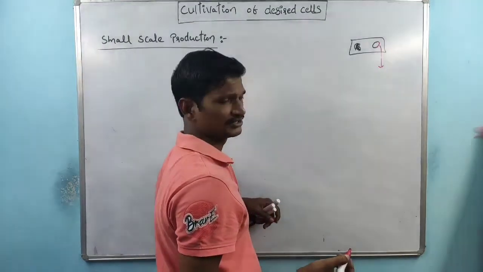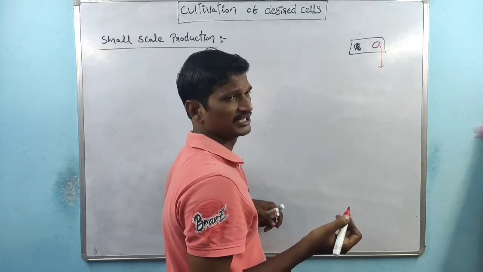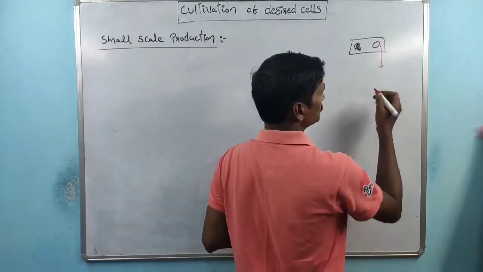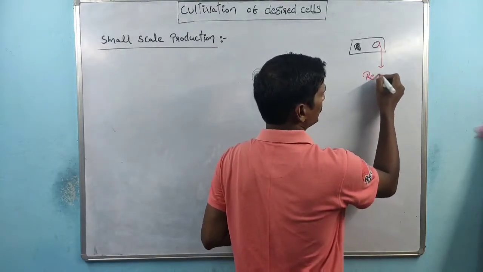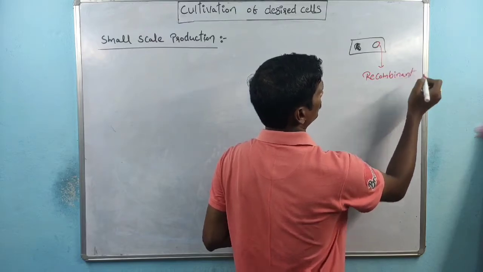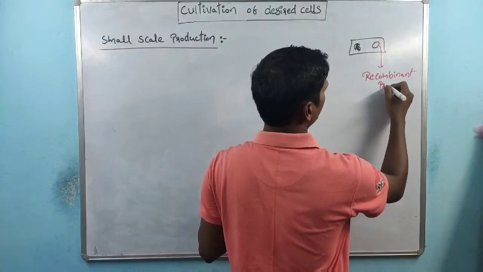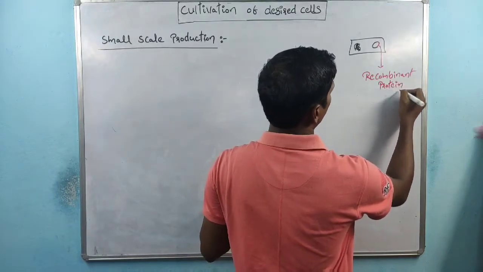So the recombinant gene, or the desired gene, is involved in the gene expression process. Finally, it produces the recombinant protein. The recombinant protein is our desired product.